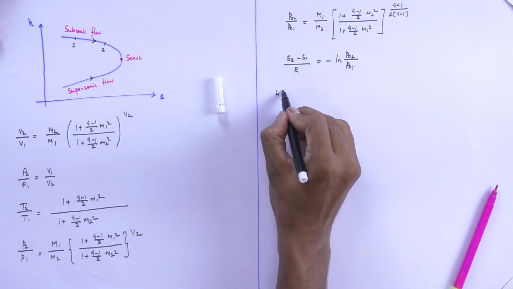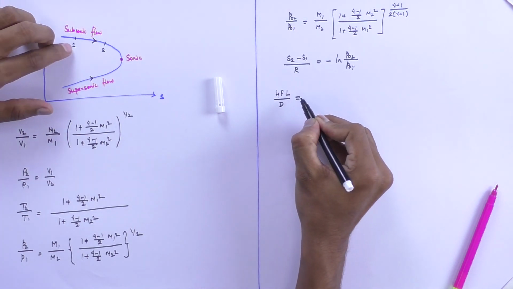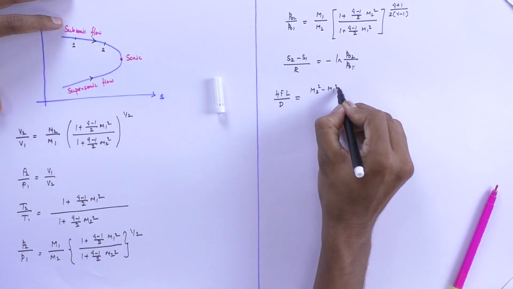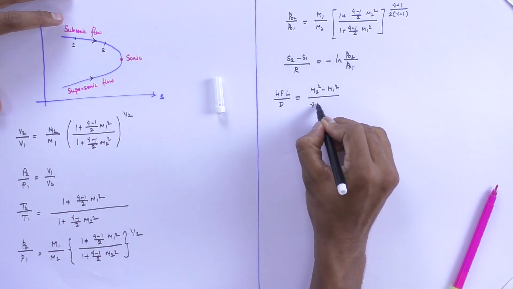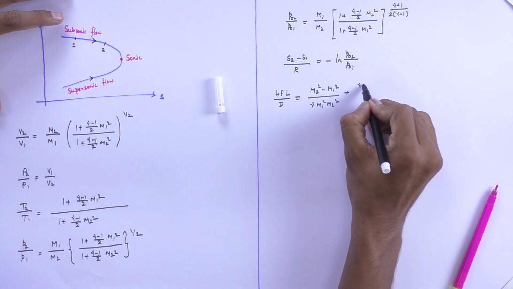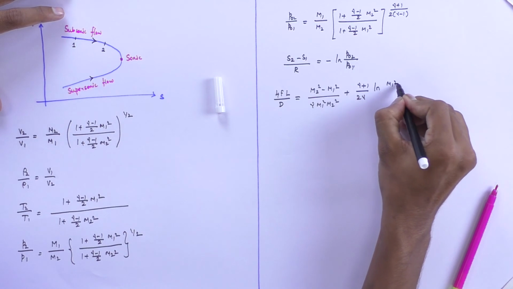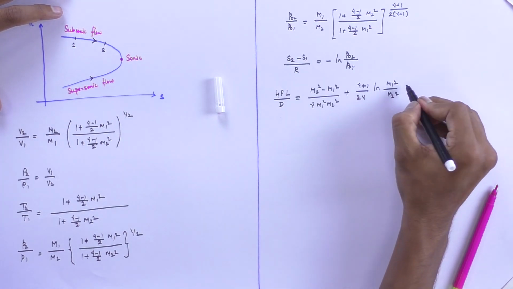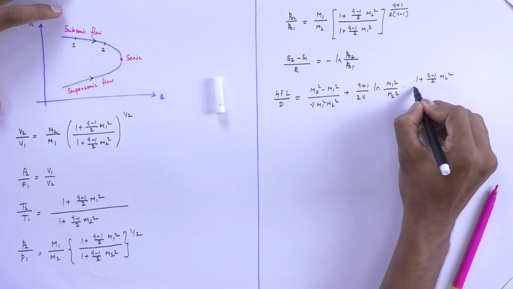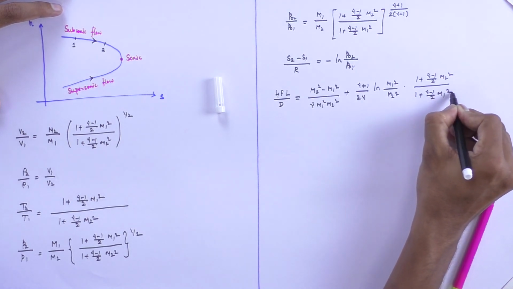Then we can also represent 4f, the duct length, divided by D as a function of M1 and M2: M2 square minus M1 square divided by gamma M1 square M2 square, plus gamma plus 1 divided by 2 gamma ln of M1 square divided by M2 square into 1 plus gamma minus 1 by 2 M2 square divided by 1 plus gamma minus 1 by 2 M1 square.